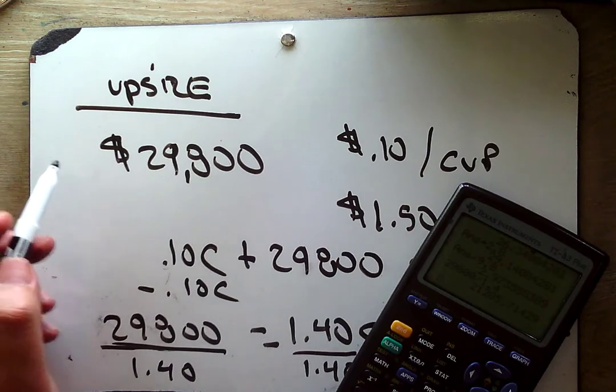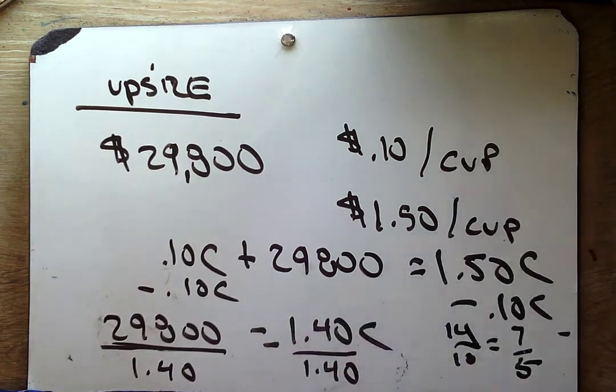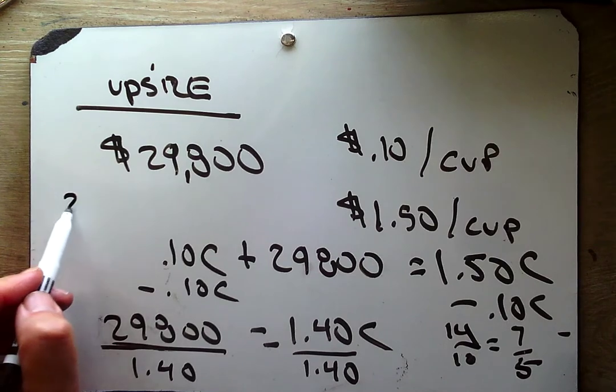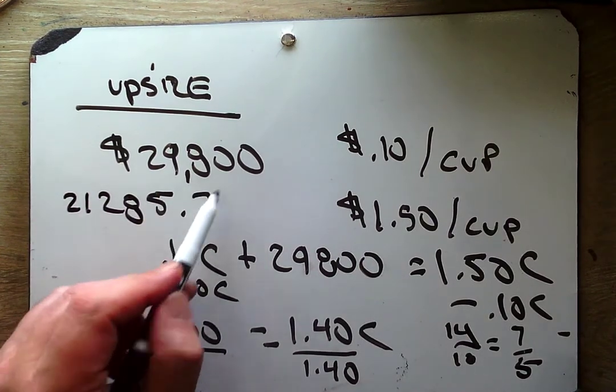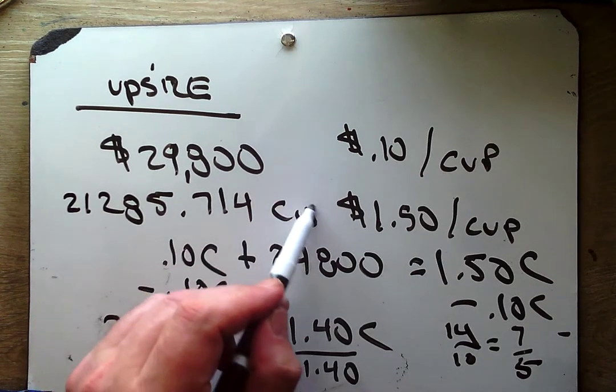And I get that I'm supposed to sell, is that really 29,800? Yes. 1.4, yes. I need to sell 21,285.714 cups.